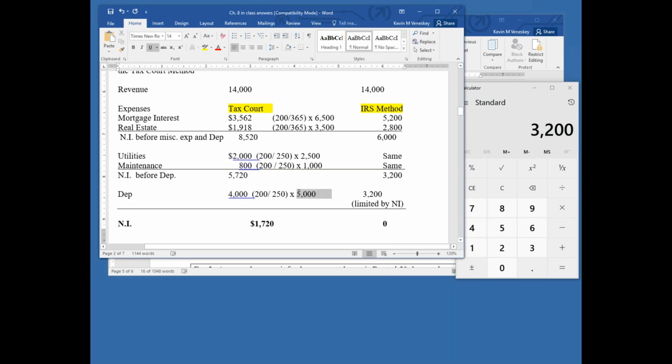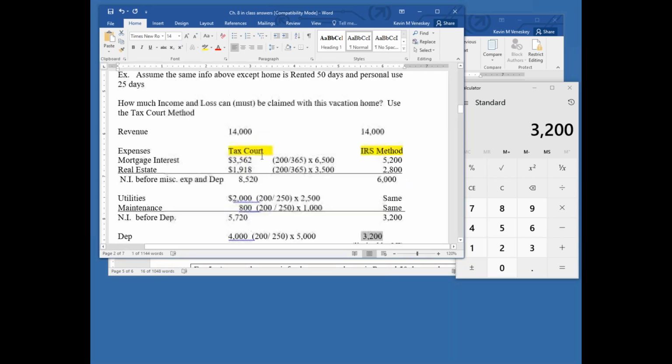And then 80% of 5,000 depreciation would be 4,000, but I can't take 4,000 because I'm limited by my net income. I can only take 3,200. So that means I'm wasting $800 of depreciation. So even when I take the 3,200, I'm down to a net income of 0.